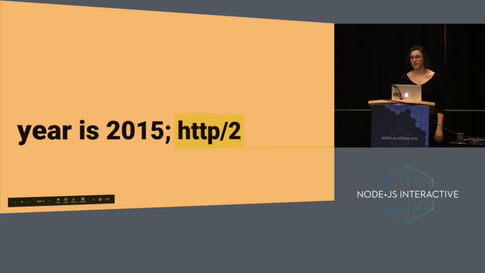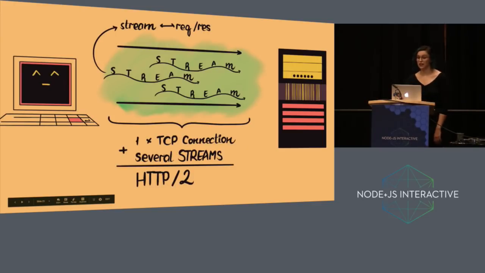So in 2015, an RFC was proposed to improve the traffic and to produce more performant applications with HTTP2. And what happens with HTTP2 is that instead of having a single request per TCP connection, you're now able to have multiple, as instead of just a single request, it's a multiplexed stream.